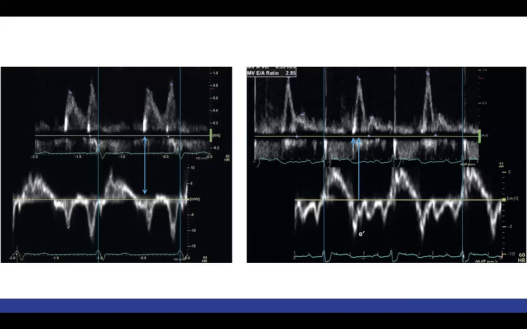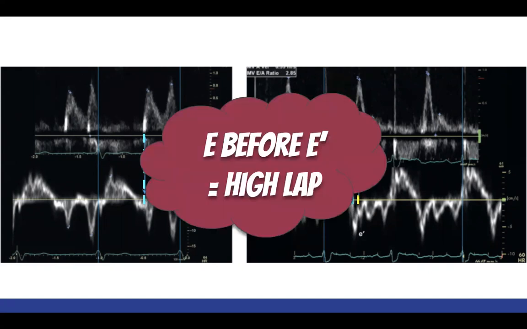If the LV is sucking the blood from the left atrium, then the E wave of the mitral inflow and the E prime of the mitral annulus start pretty much at the same time. If you have higher filling pressures, then the E prime velocity starts a little bit later than the E velocity. So if you have E before E prime, that's another sign of high left atrial pressures.